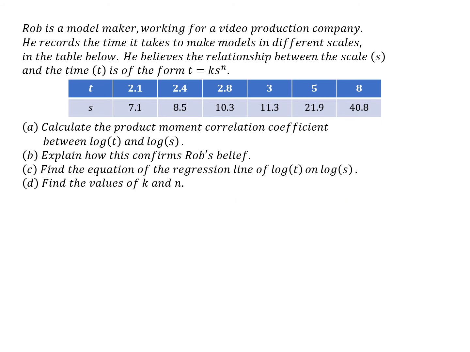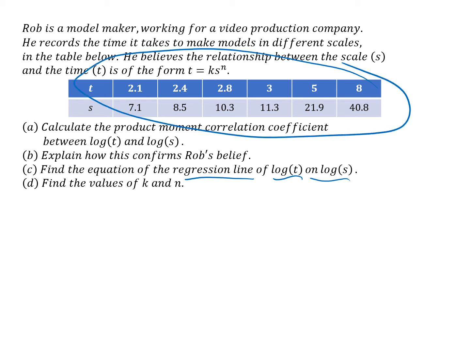So now we've got to find the equation of the regression line of log t on log s. Well, if you put all of this data into your calculator to find the product moment correlation coefficient, then the chances are that it will give you the values of a and b. This is a and b, which are in the equation y equals a plus b times x.